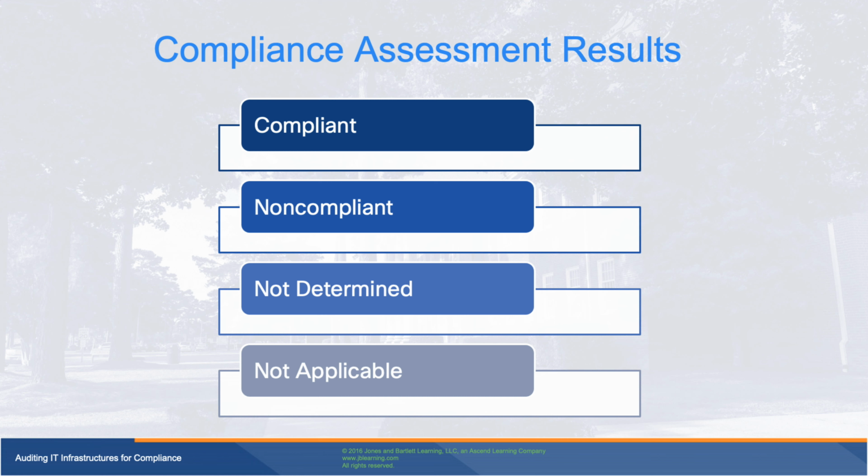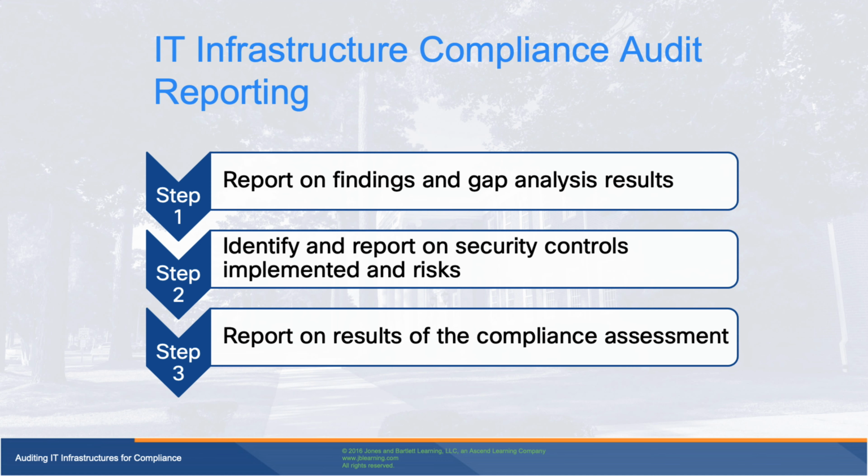So you can say, I tried to log into a sample of critical systems using vendor-supplied default passwords from product documentation. So the requirement was, these systems are not going to use default passwords. The procedure was, I tried to log into the systems with the default passwords. And then we're going to have a status of whether it's compliant, non-compliant, non-determined. And then you can put some comments there if you'd like in your audit report.